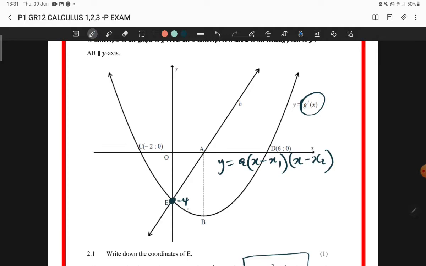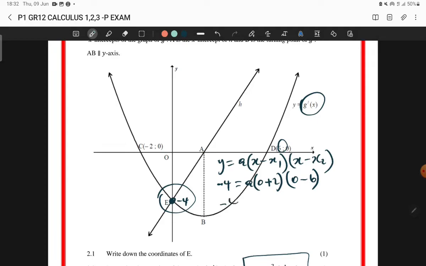Then let's continue substituting. Now we are going to use this negative 4 in the place of y, knowing that in the place of x, we are going to put 0, because this is the corresponding value of x at e. Therefore we are looking for a. By doing that, we have 0 minus negative 2, which gives positive 2, and then 0 minus 6, which gives negative 6.